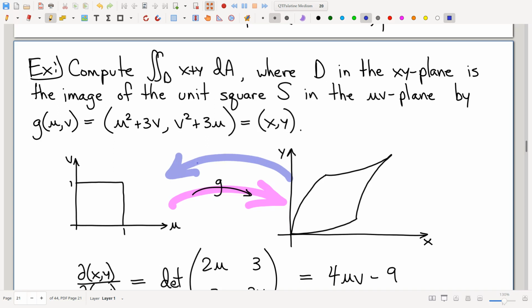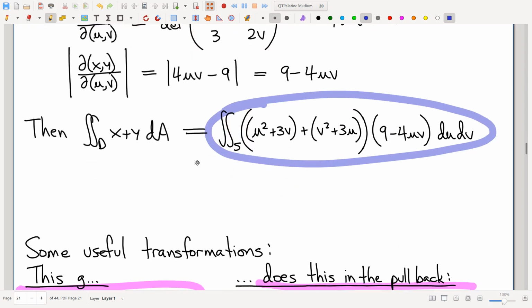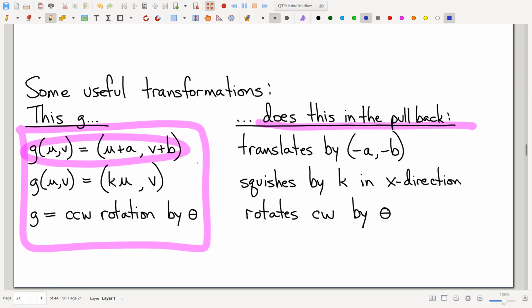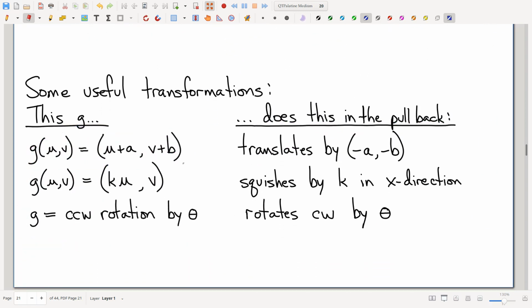So whatever G does, pulling back will kind of undo that. And so with that in mind, if you have a change of variables function, for example, that is adding the vector a comma b, in the pullback, that will translate backwards. In other words, it will subtract the vector a comma b, etc. for these other examples.